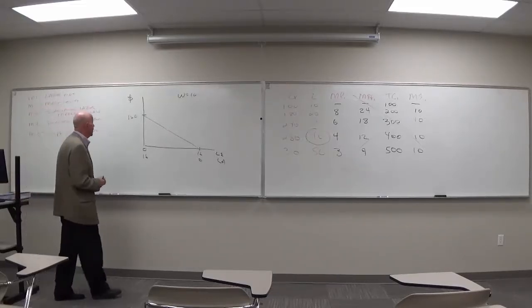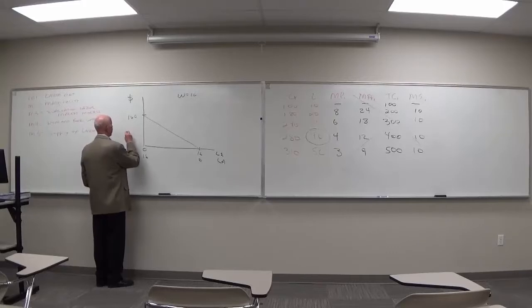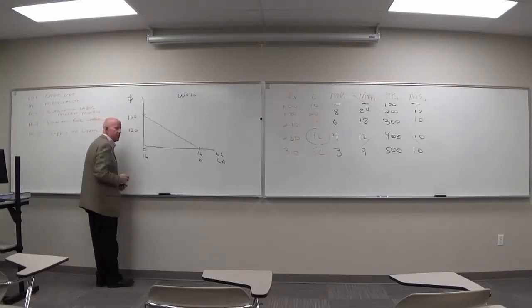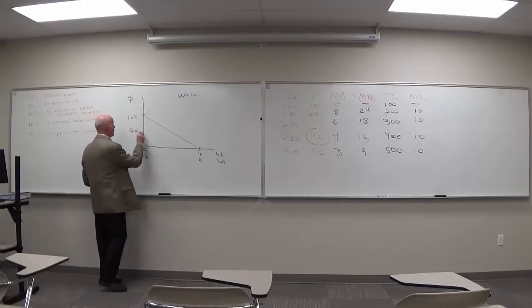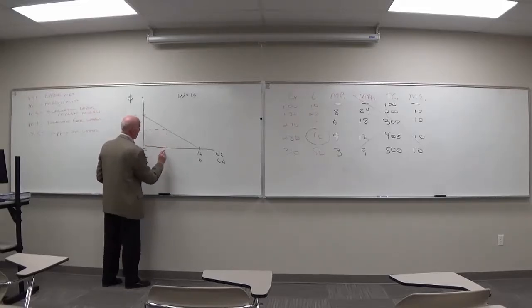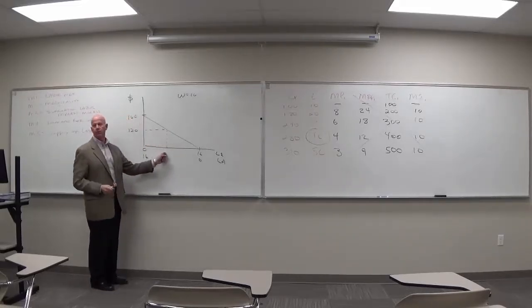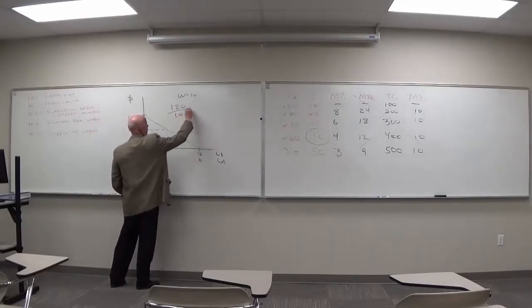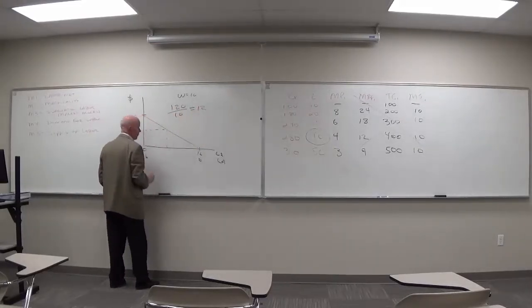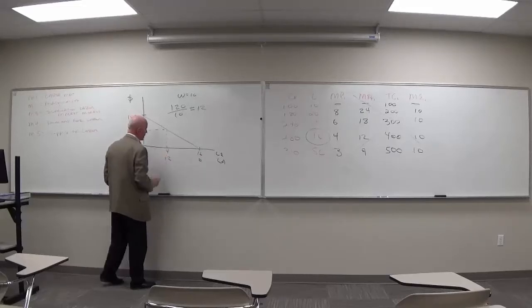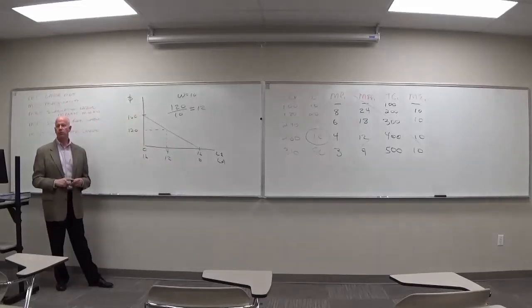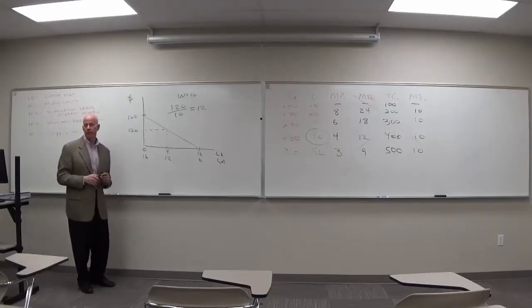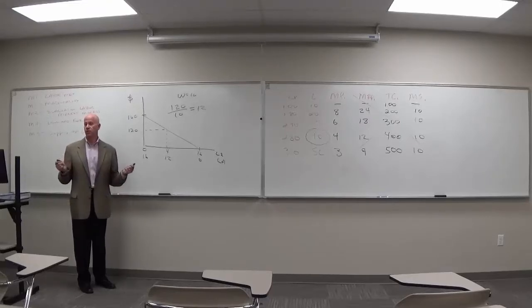Let's assume that you're kind of a material woman, and it's 120. How do we identify the number of hours? Well, we've got $120 divided by $10, which is 12 hours. So we've got 12 labor, 4 leisure, and we now know exactly how much leisure she's giving up for that wage. Because let's face it, $10,000 a day or an hour can give up a lot of leisure, right?